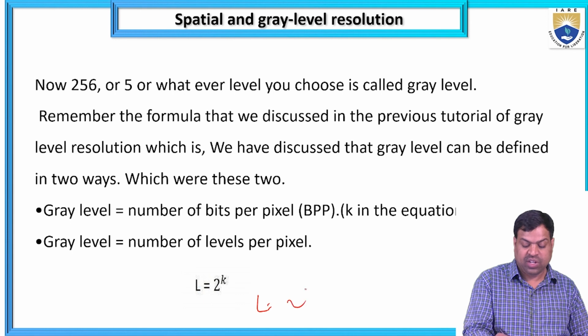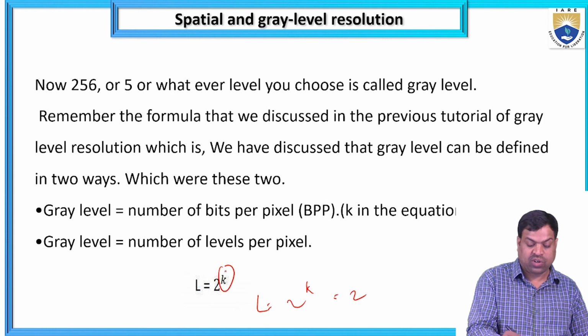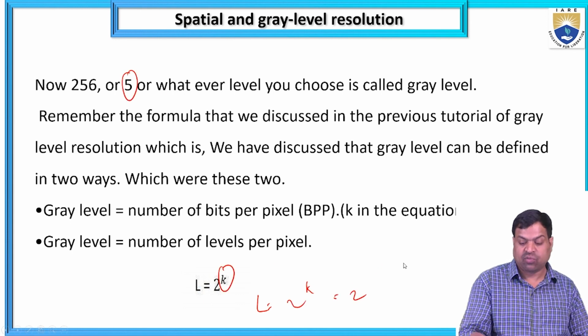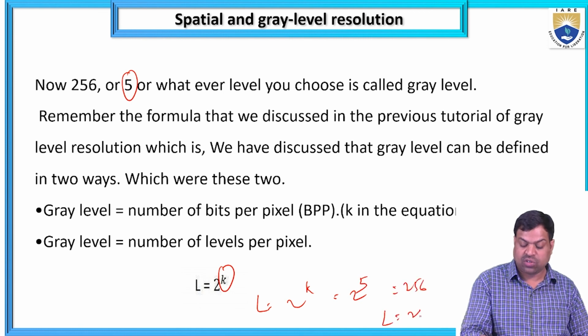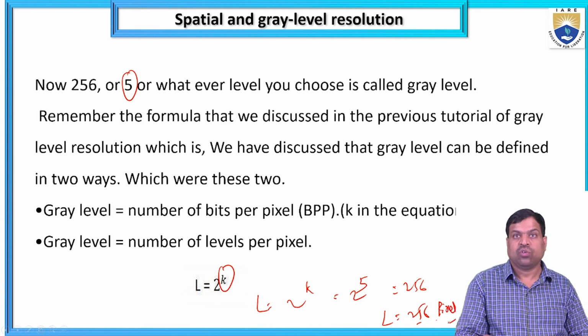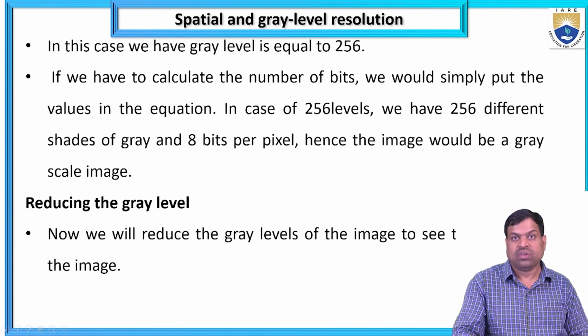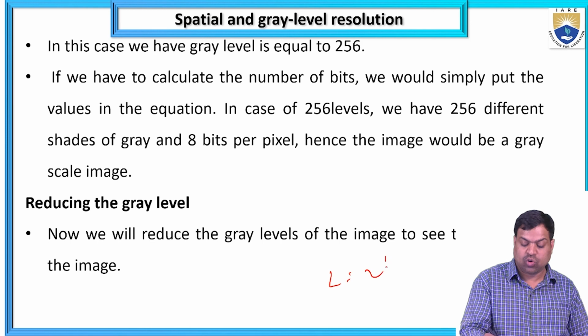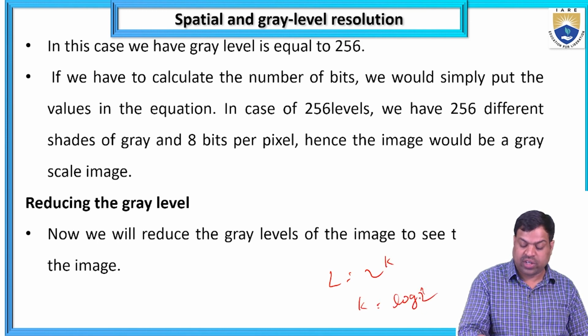L equals 2 power k. What is the k value? Here I am taking the quantization levels as 256, so L equals 256. If I know the 256 value, and L equals 2 power k, then k equals log L base 2.